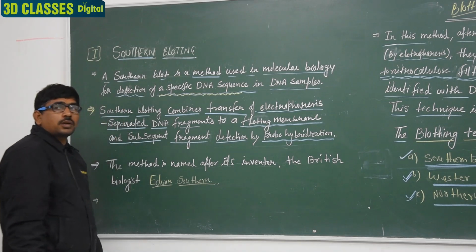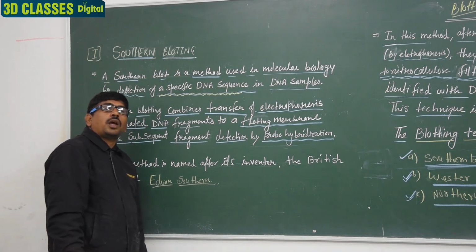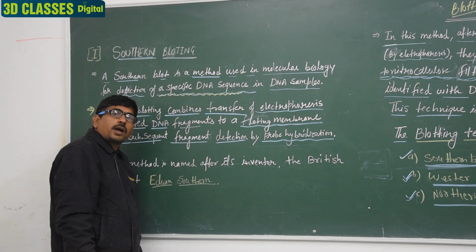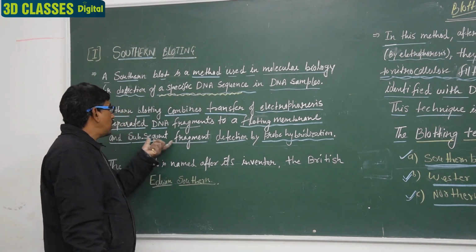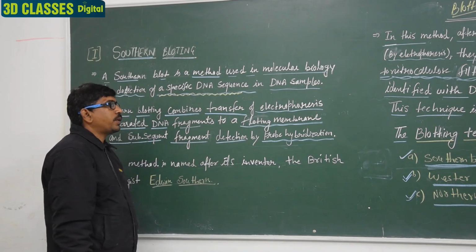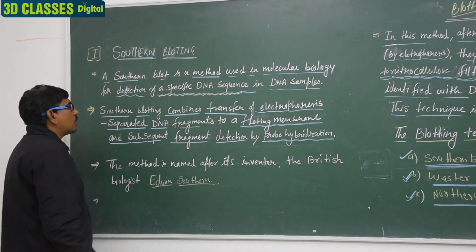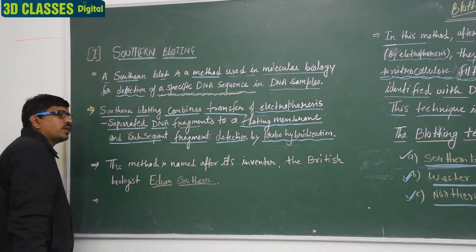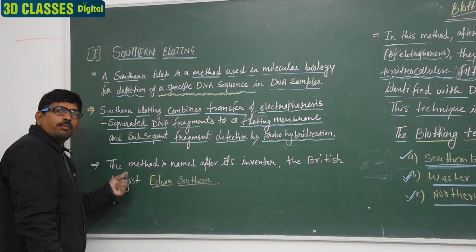Probe hybridization involves radioactive isotopes, and that is known as DNA fragment detection by probe hybridization. Clear? So that is the actual definition of Southern blotting.